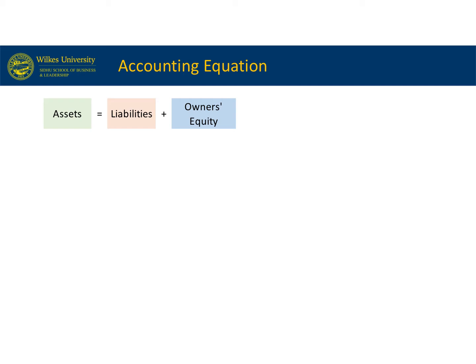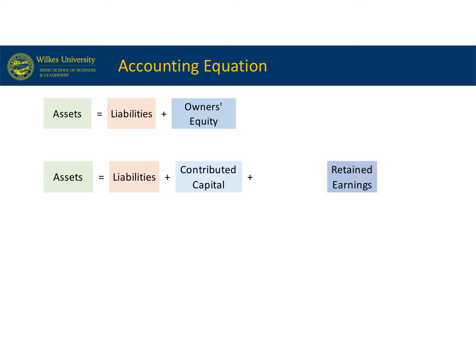I'll show this in an example in a minute, but let me restate: the basic accounting equation is the fundamental building block for accounting, and it is assets equals liabilities plus owner's equity. And I often say that owner's equity really consists of two different pieces: the ownership piece and the income piece.